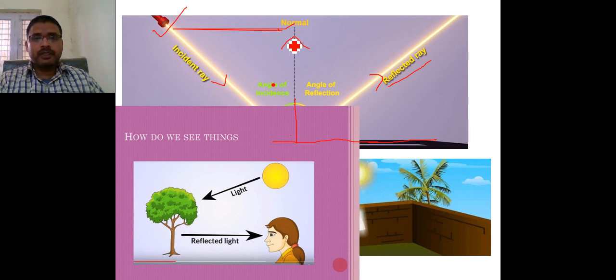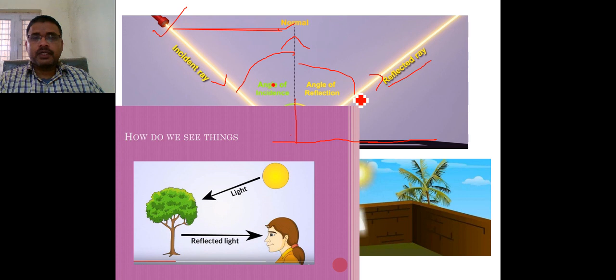The angle between the incident ray and the normal is the angle of incidence, and the angle between the reflected ray and the normal is called the angle of reflection.